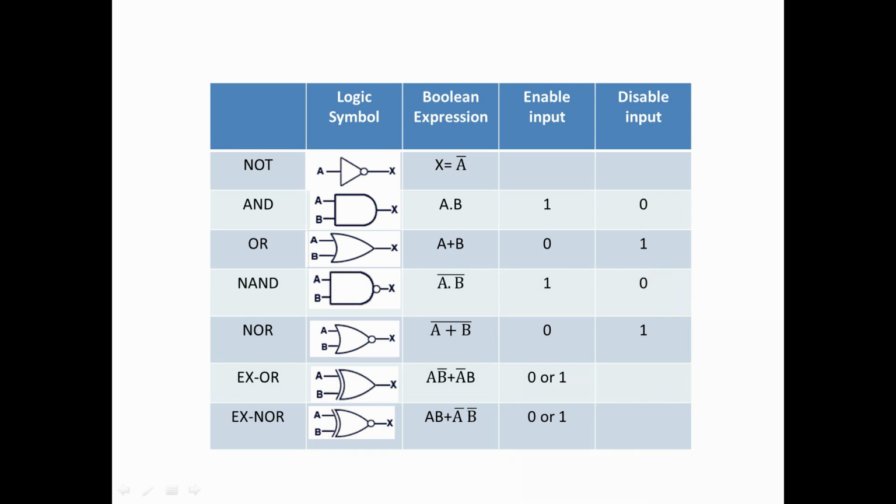If you give 0 to any one of the inputs of the NOR gate, the output depends on the other inputs. That is the enable input of the NOR gate, logic 0. If you give logic 1 to any one of the inputs of the NOR gate, the output is logic 0 irrespective of the other inputs. That is, the disable input of the NOR gate is logic 1.